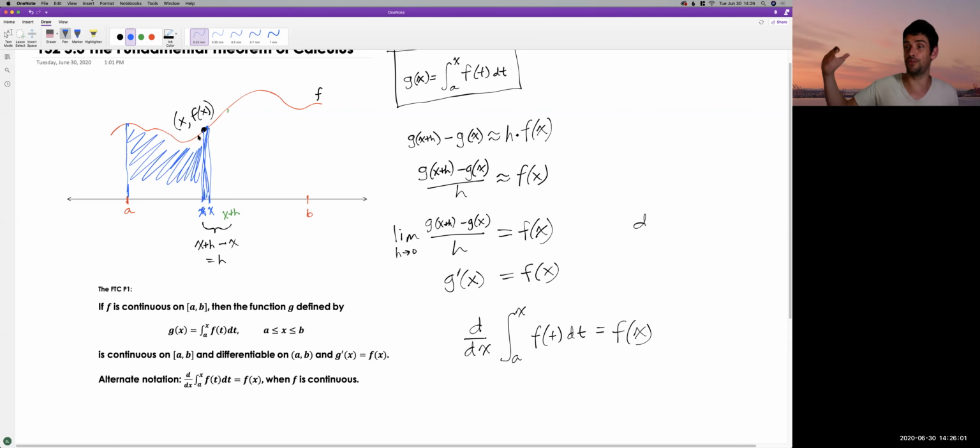The higher f is, the more area we're grabbing. If f is smaller, the less area we're grabbing. F kind of tells us how fast we're changing our area, right? Or another way to think about it is, if the function were constant at this point, right? If the function just had a horizontal line here, a unit change in x would give us a rectangle of that height times 1.